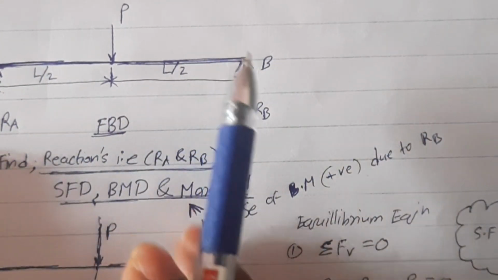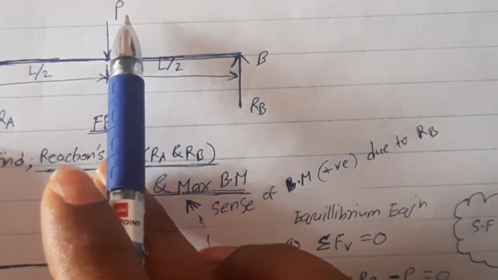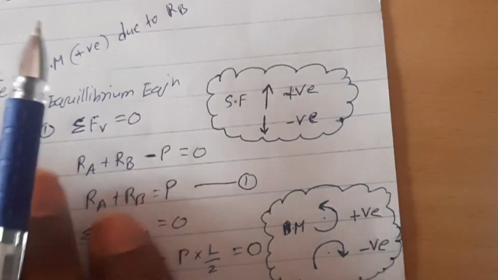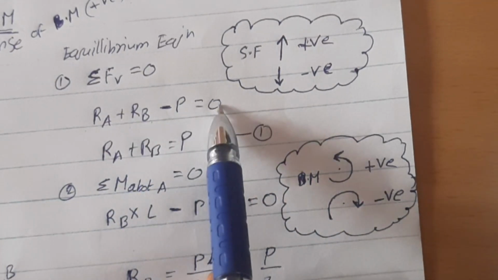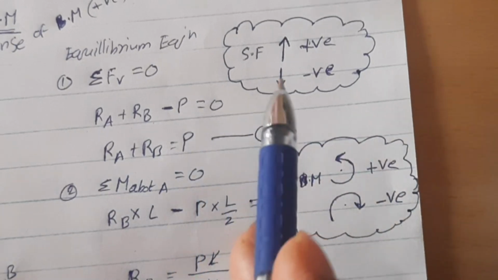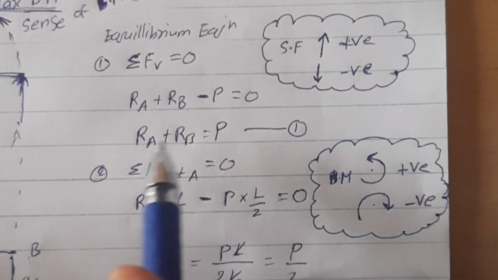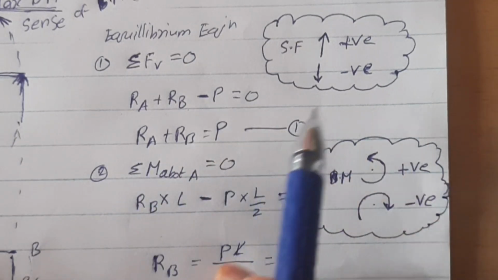There is no load acting upward, so these two should be equal to the force acting on the beam in the downward direction. So I write Ra plus Rb minus P equals 0. P came to the left hand side, so it became minus P. So it gives Ra plus Rb equal to P. This is equation number 1.